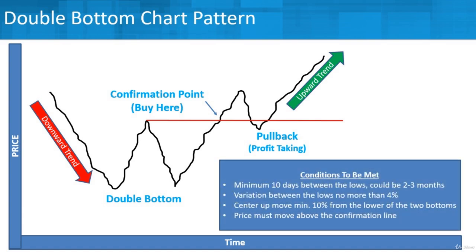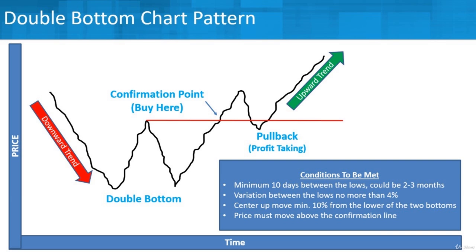For a double bottom, there are some generally accepted conditions to be met. Typically you're looking for a minimum of 10 days between the lows. It could be months, so this is a longer type of chart pattern. I suppose you could trade it over shorter periods, but traditionally you're looking at days, a minimum of 10 days between the two bottoms.